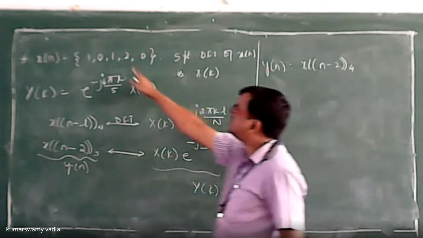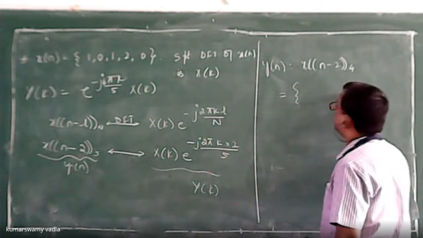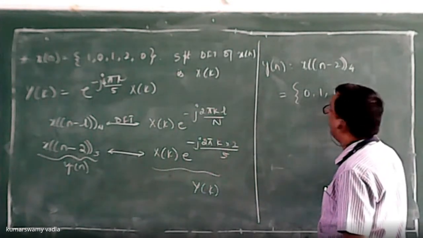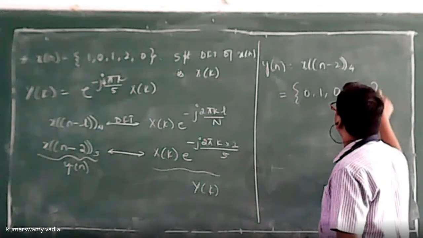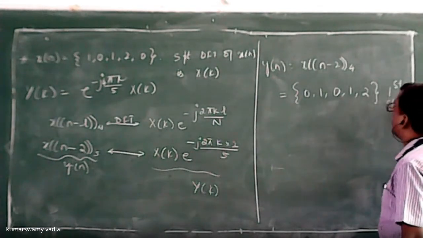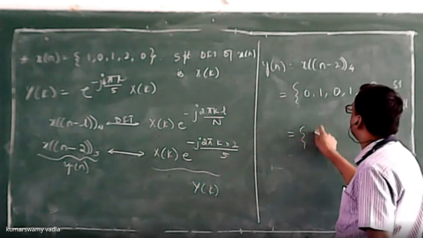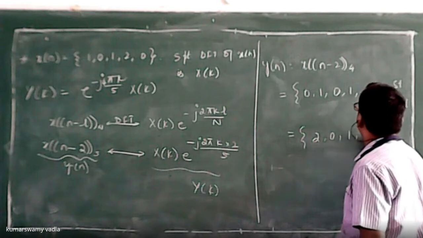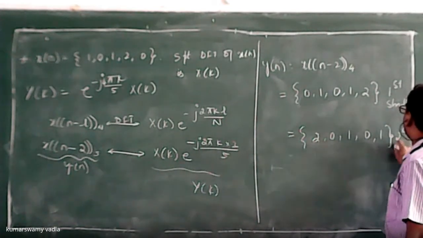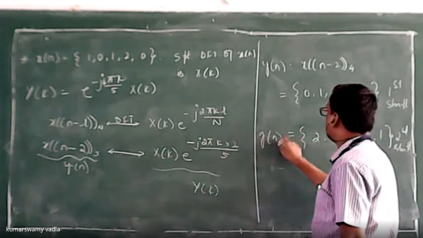I will shift this 2 places to the right. First shift gives 0, 1, 0, 1, 2. Second shift, the 2 comes here: 2, 0, 1, 0, 1. This is your y of n.